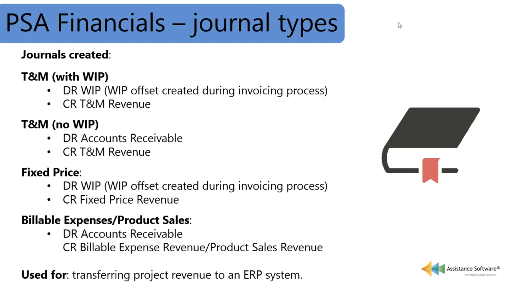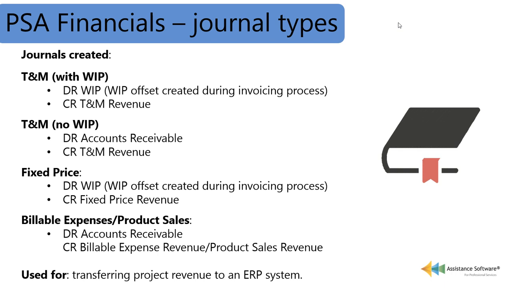Some companies call that an unbilled account, but it's essentially an asset account. And that asset account gets offset during the invoicing process. So when you invoice this revenue, you will move it out of WIP into accounts receivable. T&M with no WIP.